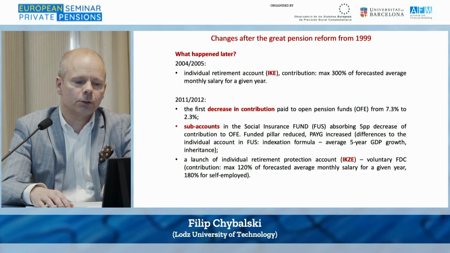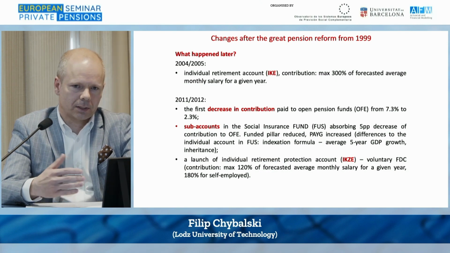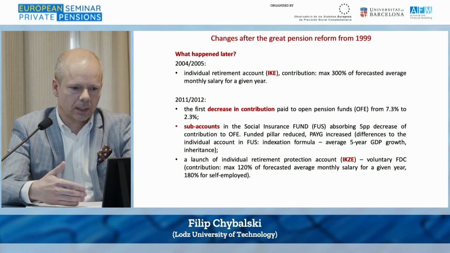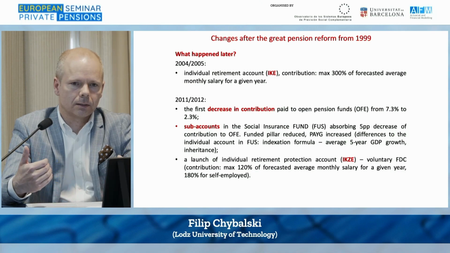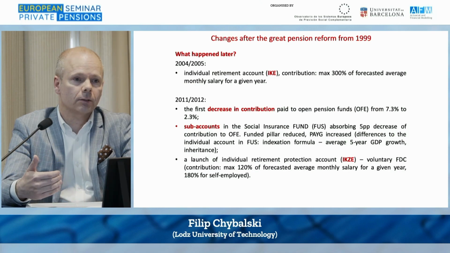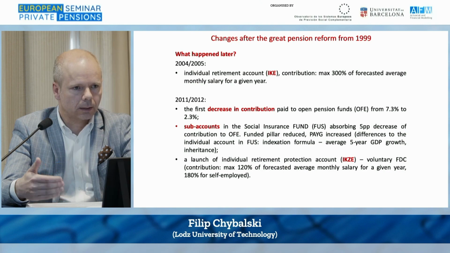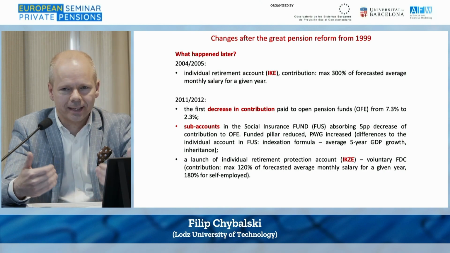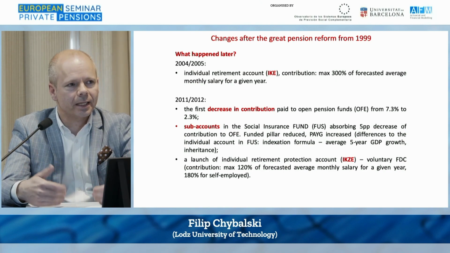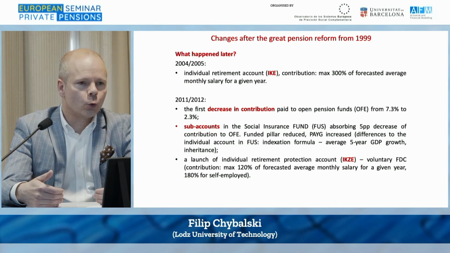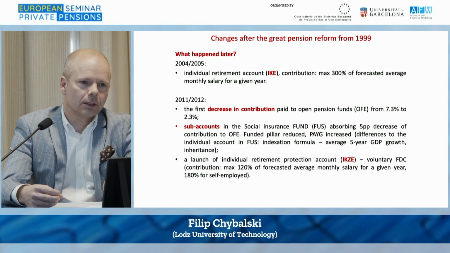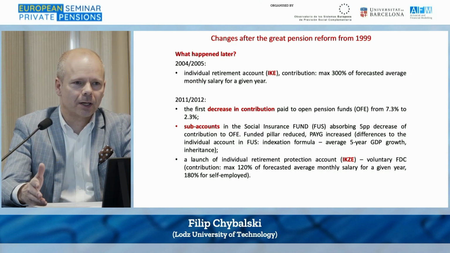Probably mainly due to inheritance. Because the difference, as I said before, is that on the basic account, the accounting records are not inherited. On the sub-account, they are. However, inheritance, I have never seen a publication in which inheritance would be a criterion to classify to a given pillar of a pension system.